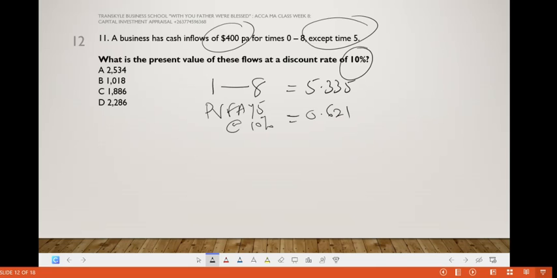Because it is saying except, we then have to deduct, and we get the rightful PV factor to use, which is 4.714.